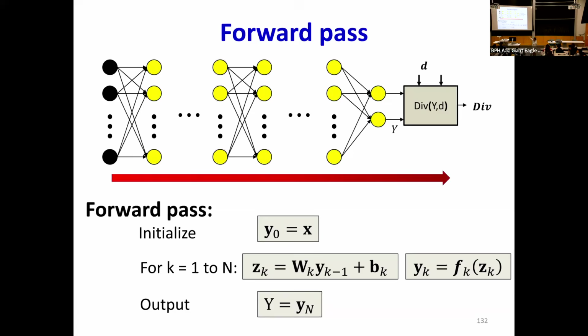I'm going to initialize my Y0 as my input, and then I'm going to go through the layers, and at each layer, I first compute my affine value, WY plus B, and then put it through an activation. That's it. Right? And then I'm done through with all the layers. My computation is done. Everyone with me so far?